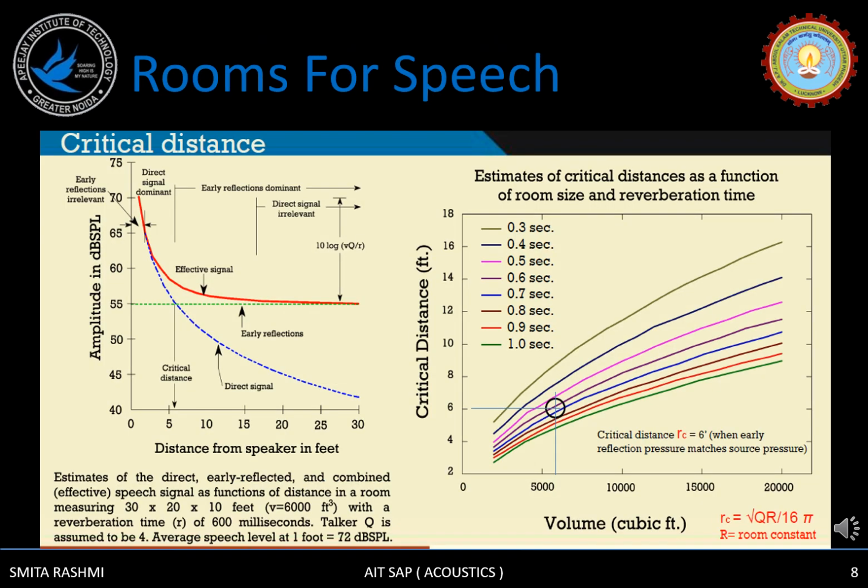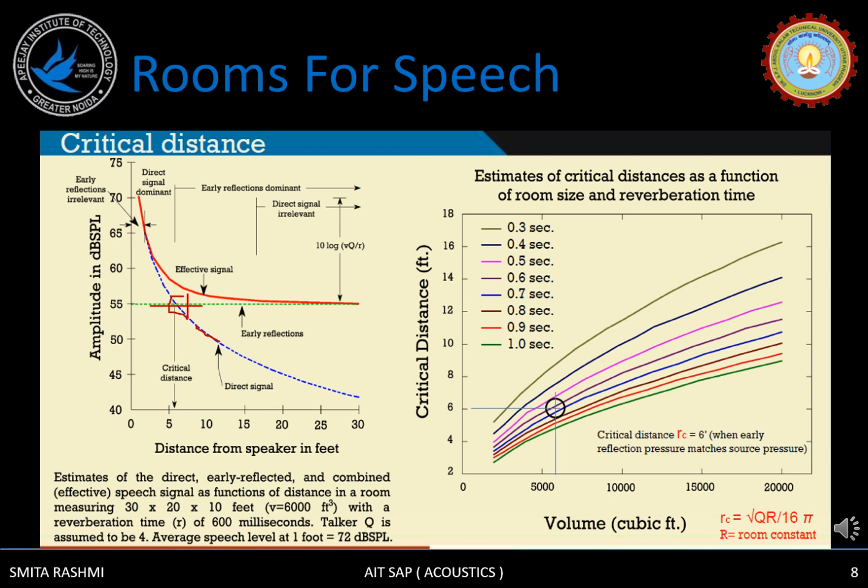In the first chart, we can see this blue dotted line which depicts the direct signal and this green line as the early reflections. Now by definition, the critical distance is the meeting point of the early reflected sound and the direct signal source sound pressure level.